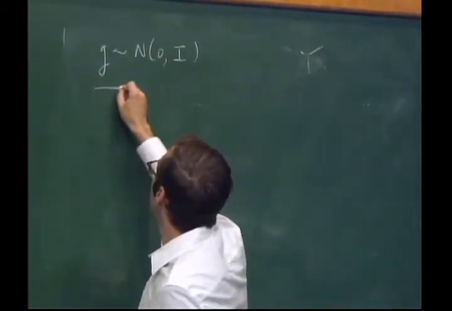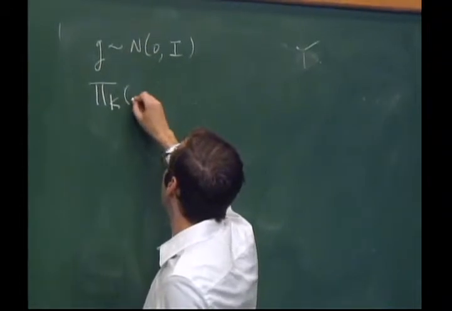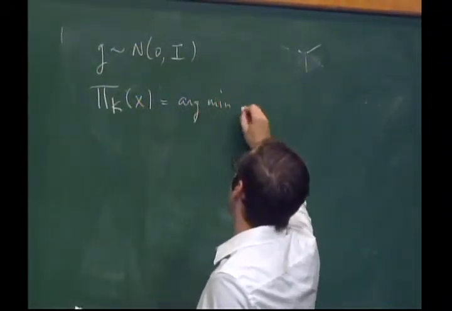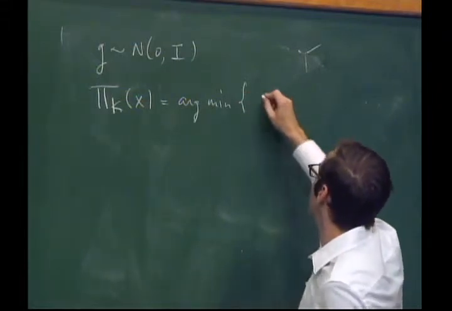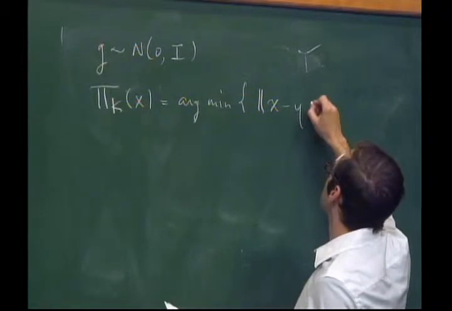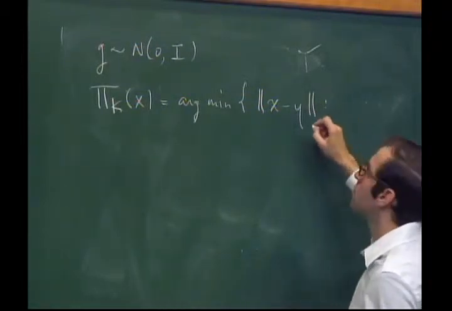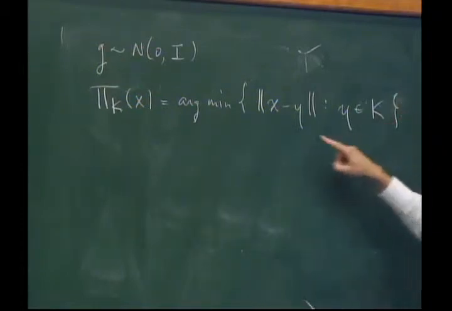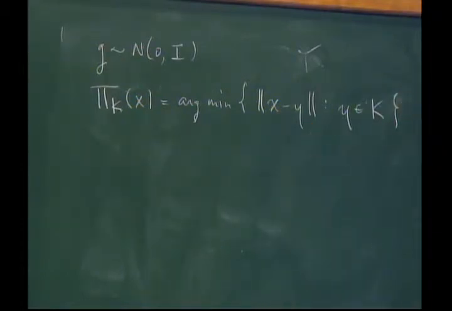And pi K of x is the unique closest point in the cone to the argument x. Euclidean metric projection. Okay.